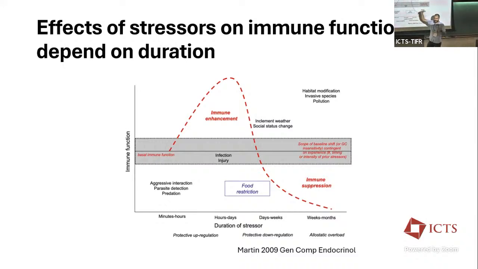They've enhanced their immune system, they're prepared for this, but it's when it actually starts to get into really prolonged, stressful situations, like habitat modification that has gotten rid of the necessary resources for your life, or pollutants that are very persistently in your environment, and other invasive species, right?